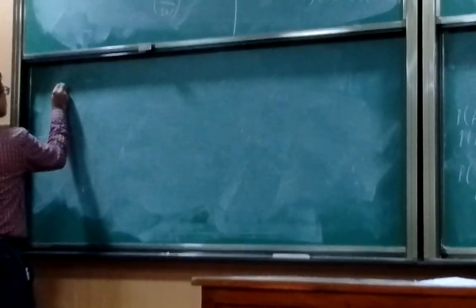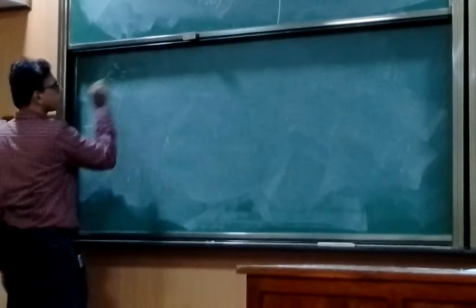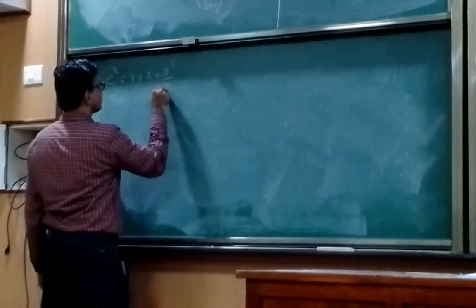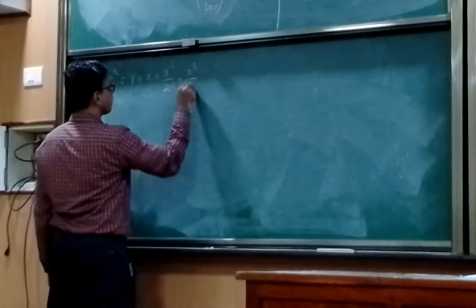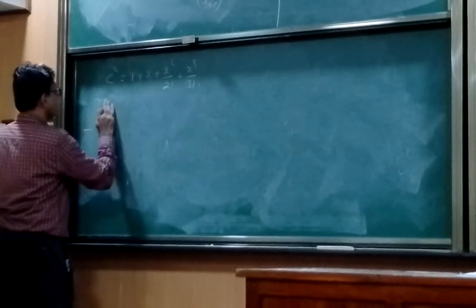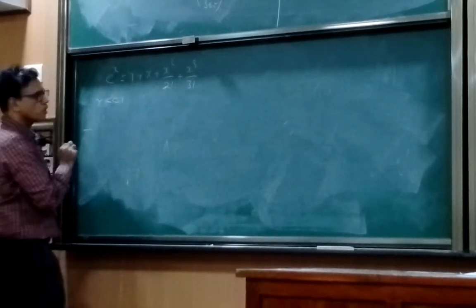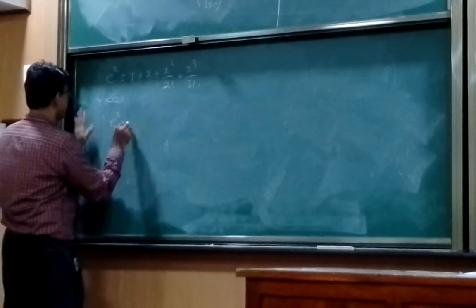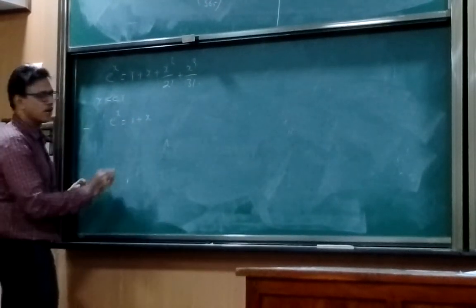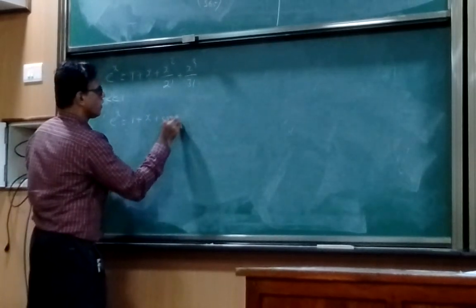First thing is, e power of x can be written as a series, for x very much less than 1. You can do a first order approximation as e power of x equal to 1 plus x, since the remaining terms are very small.